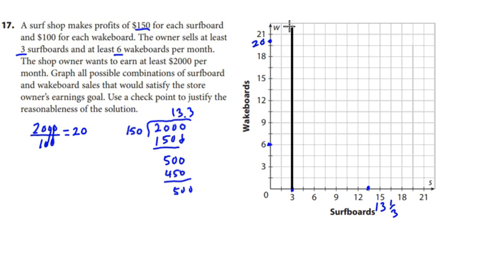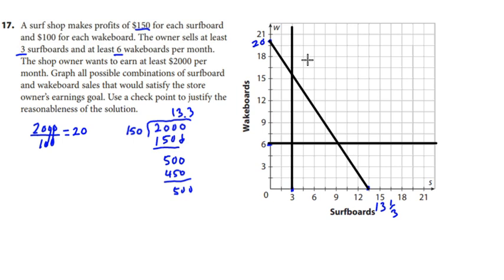So I'm going to make this vertical line. We know we need to have at least 6 wakeboards. And we know we have to have at least $2,000 in sales, which we get that constraint by connecting our y-intercept here at 20 and going right down to the x or s axis.